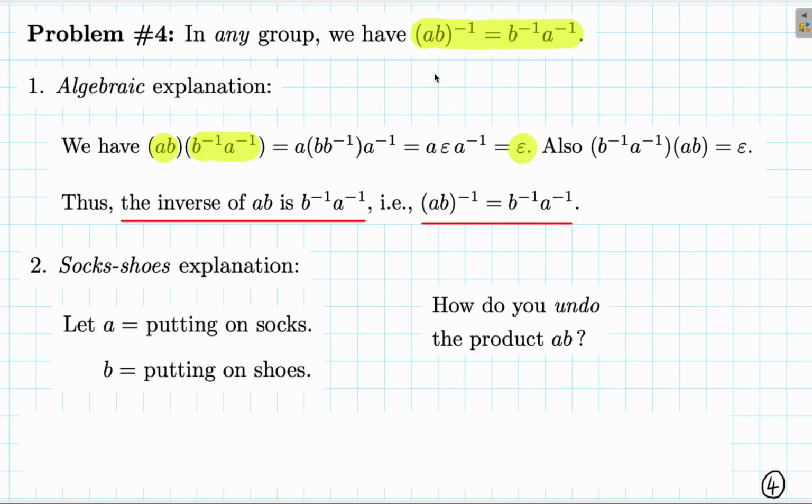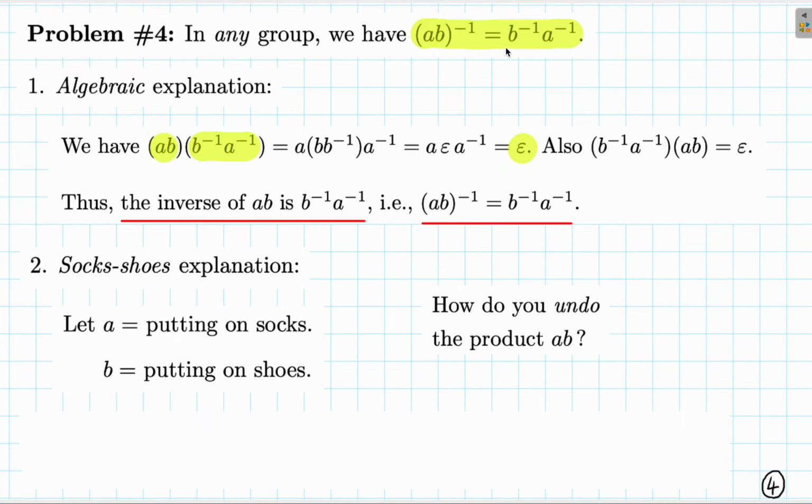So if we put on socks first and put on shoes second, and you want to undo that process, what has to come off first? Well, the shoes have to come off first, and that's why undoing AB is the same as taking off shoes first, followed by socks. And so that's what we call the socks-shoes explanation of that relationship.